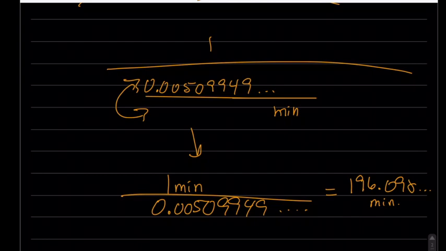And then if we do our rounding, we're going to end up with the exact same number, which is 2.0 times 10 to the second minutes.